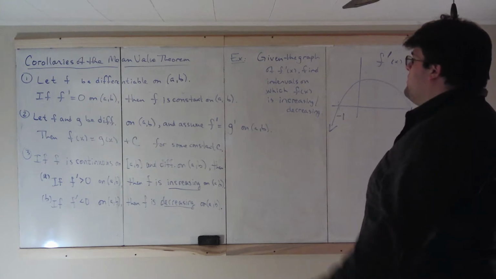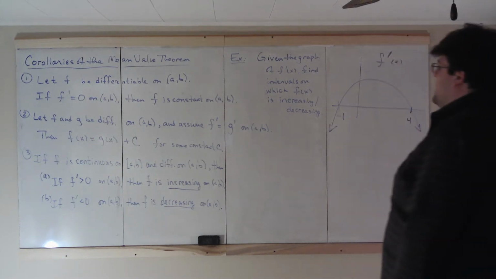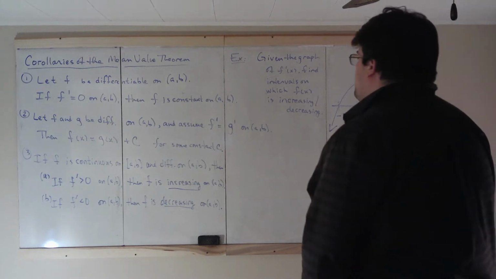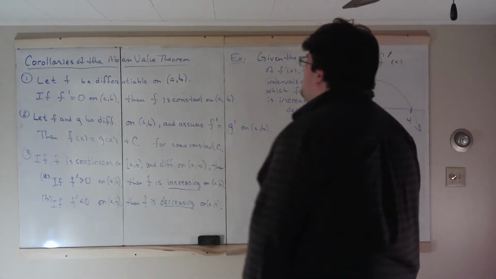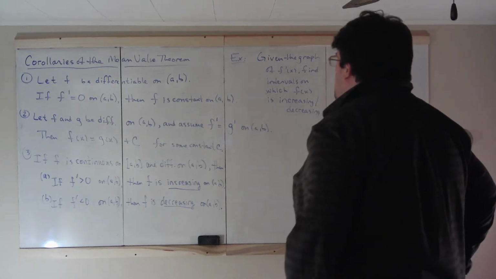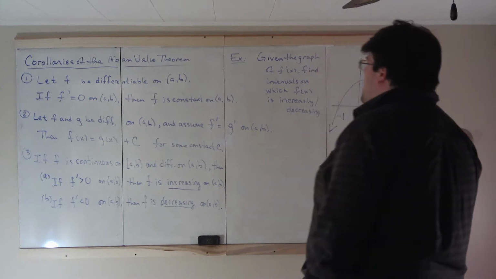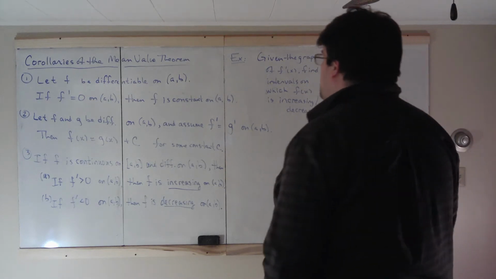I'll give a proof for the first one. Corollaries. First, let f be differentiable on (a, b), open. If f prime equals 0 on (a, b), then f is constant.